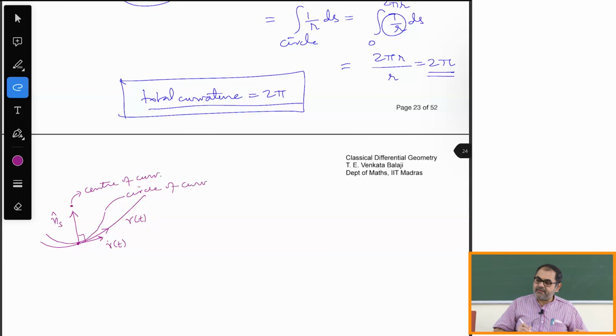This is the situation where the sine normal is pointing in the right direction, in the same direction as the geometric normal, which is pointing towards the center of curvature. Here the sine curvature is positive.